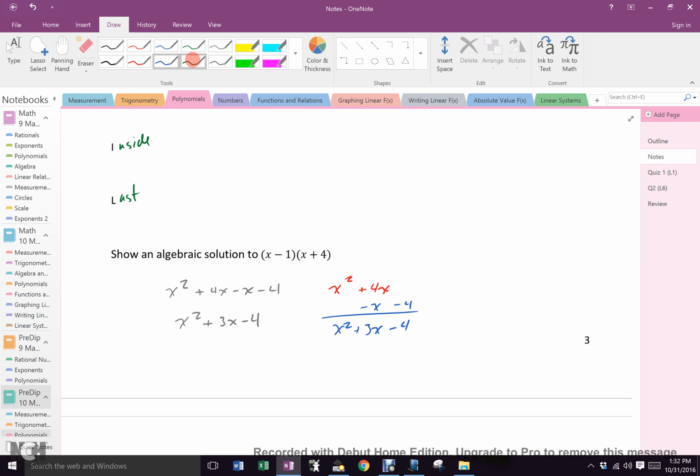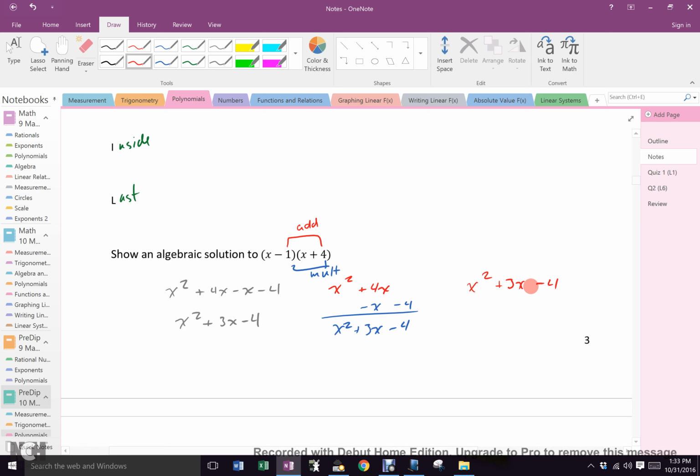And hopefully your teachers also showed you this funky shortcut, which was x squared, and then you add, and then you multiply. So you get negative 1 plus 4 is plus 3x, and negative 1 times 4 is negative 4. Hopefully they showed you that as well.